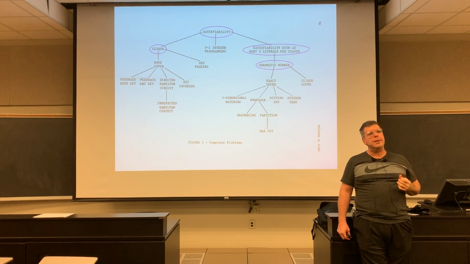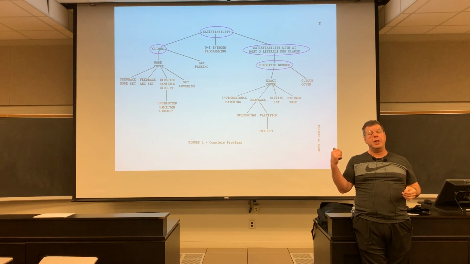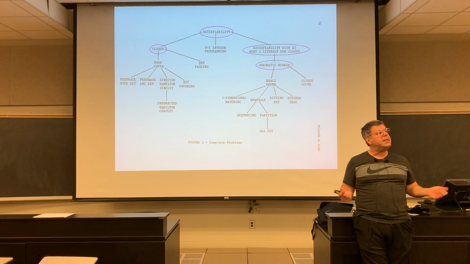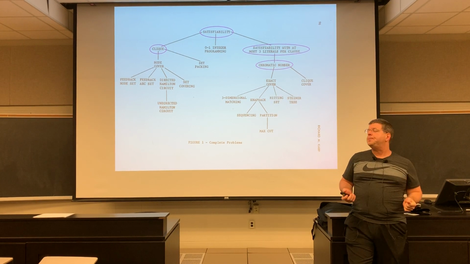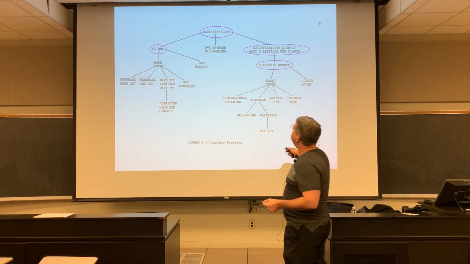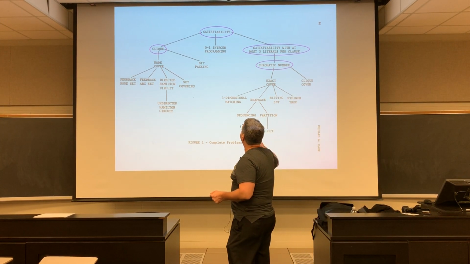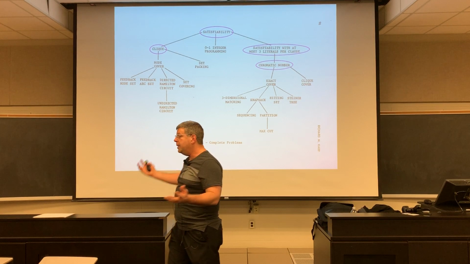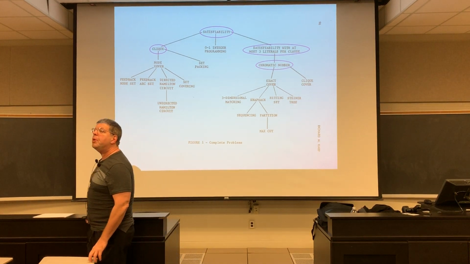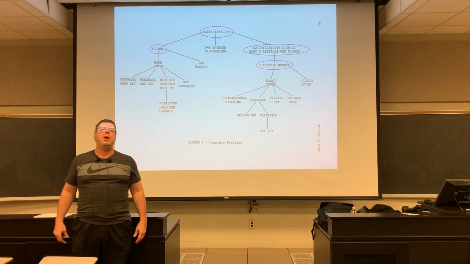So let me repeat that, because this is important. If you don't understand what this diagram means, nothing else will make sense to you. Okay. Each node in this tree, this node and that node, is a problem. It's an entire infinite set of instances of a combinatorial problem, right?